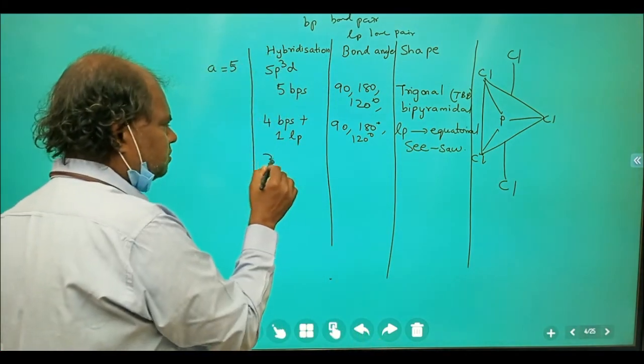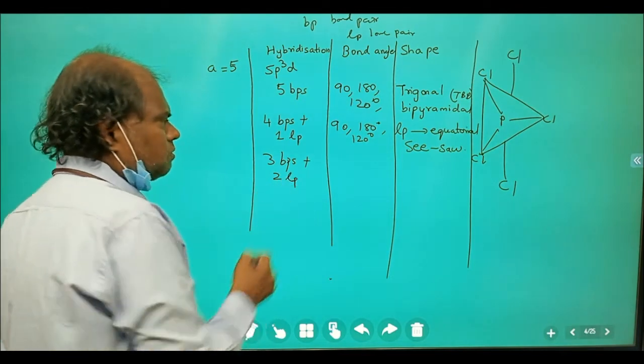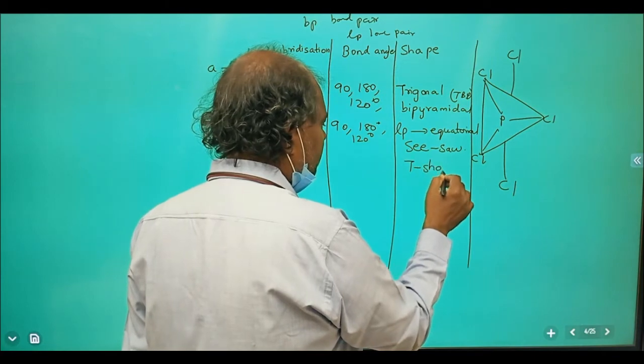Next, 3 bond pairs. What is the shape you will say? T shape, right? Again you place the lone pairs in the equatorial.